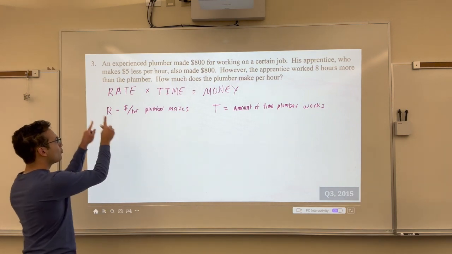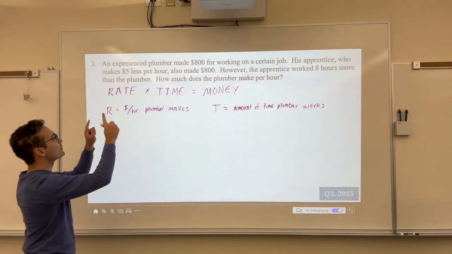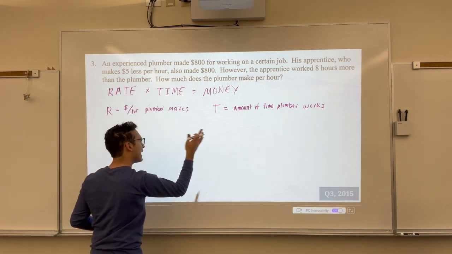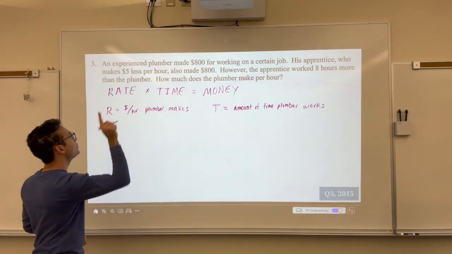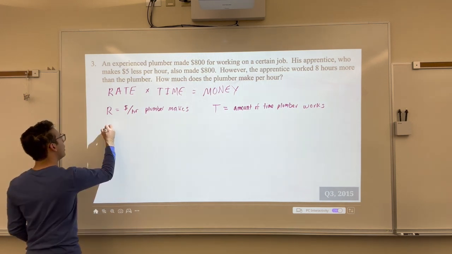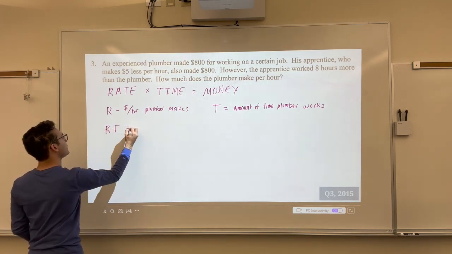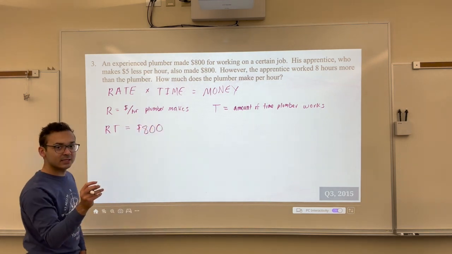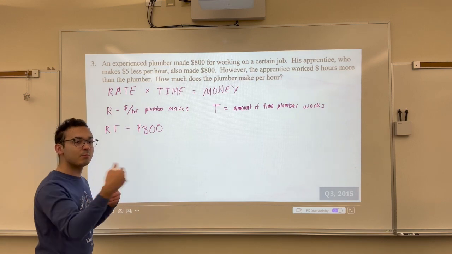And remember, rate times time equals money, and therefore the plumber's rate times the amount of time he works is equal to $800. He made $800. So RT equals $800.